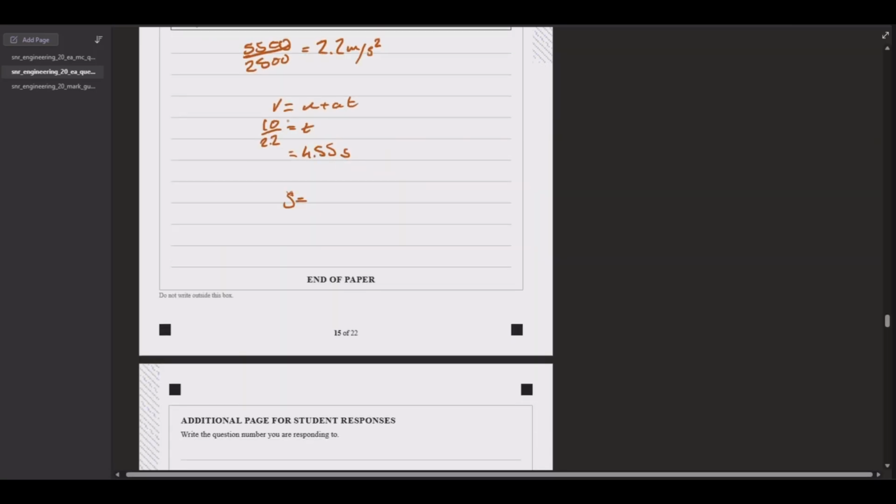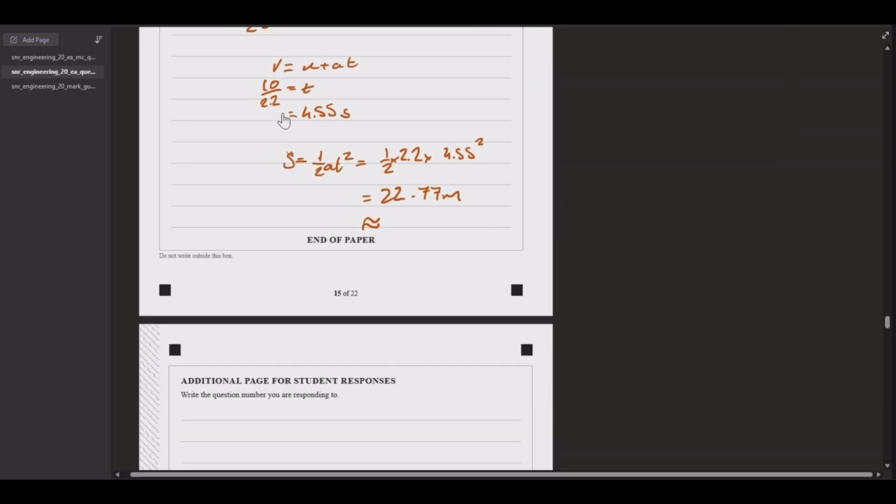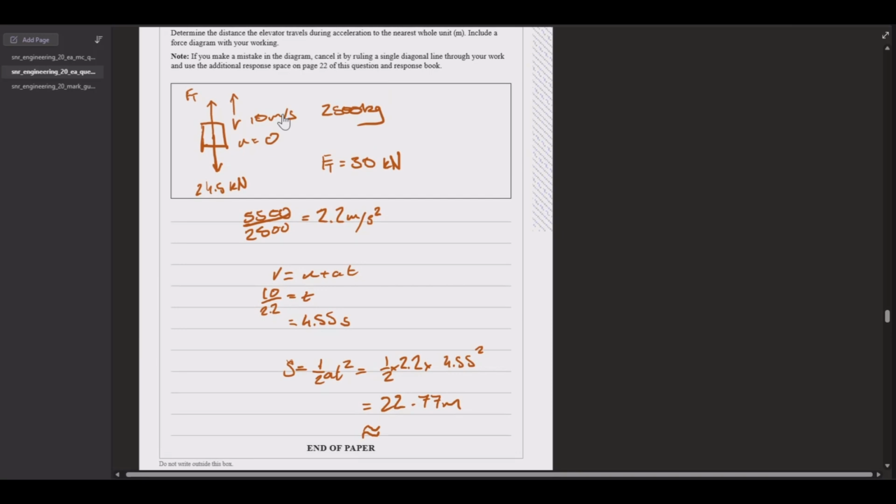So s equals ut, but u is 0, so half at squared. Half times 2.2 times 4.55 squared. 1.1 times... 22.77 meters. And I think it said round. Yeah, so 23 meters. And we're done.